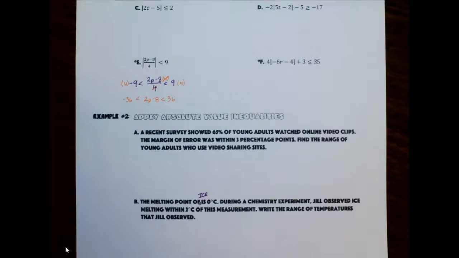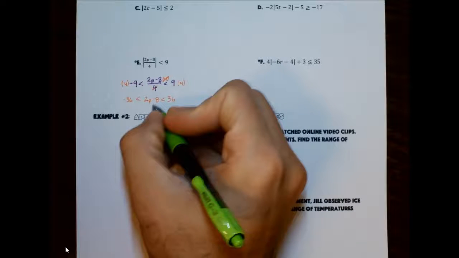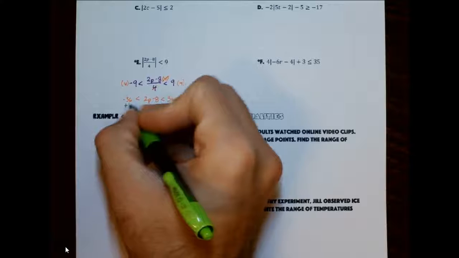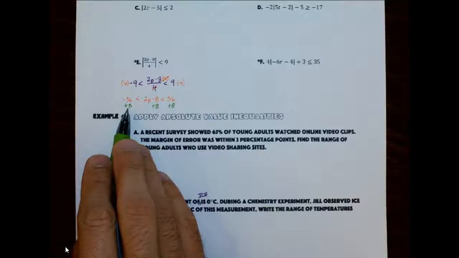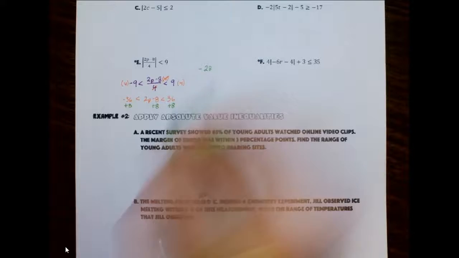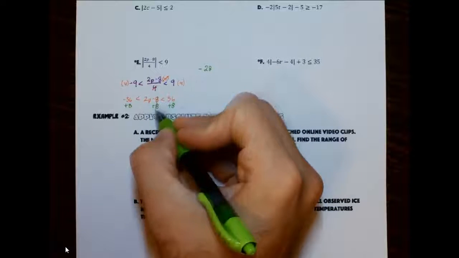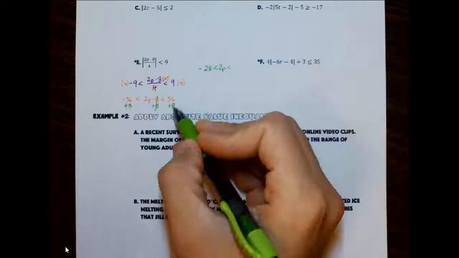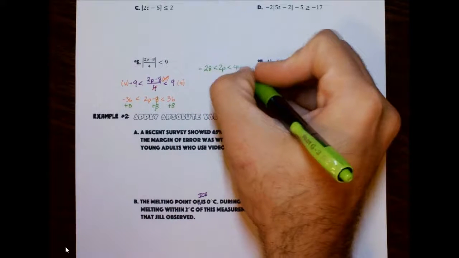And now I want to solve for p. So inverse order of operations, add 8 to both sides. I should say to all 3 places. Negative 36 plus 8 is negative 28. Cancels out in the middle, so I have less than 2p, less than 36 plus 8 is 44.